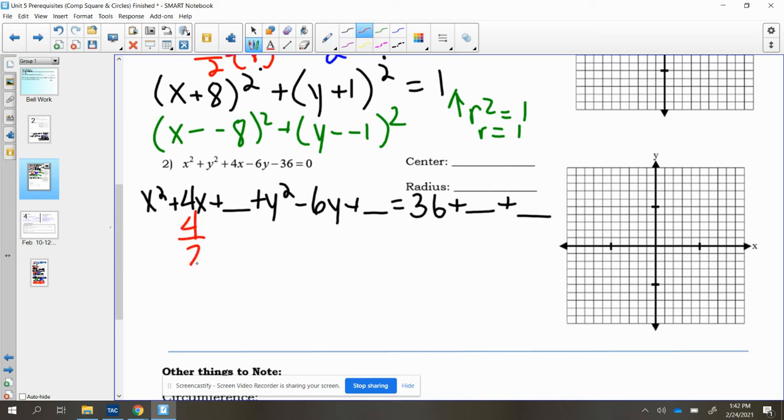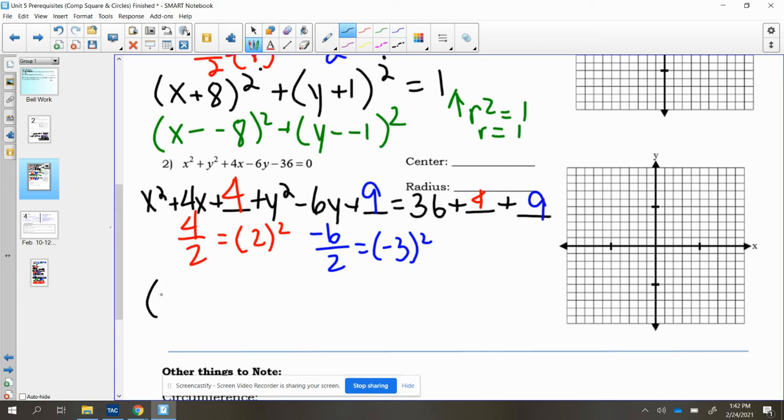So again, we will need to complete the square by dividing by 2 and squaring, and do the same thing with the y's since they have a value as well. Square it, we end up with 9. And last but not least, when we factor, we have x plus 2, quantity squared, plus y minus 3, quantity squared. And this time we end up with 49 when we add together 36, 9, and 4.